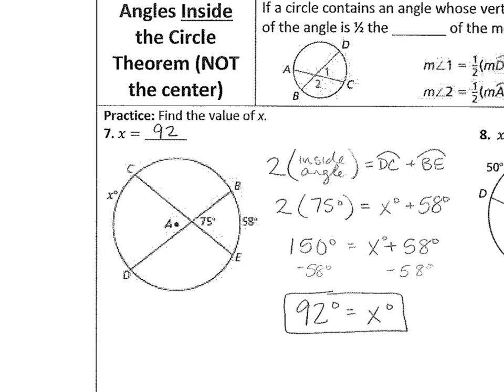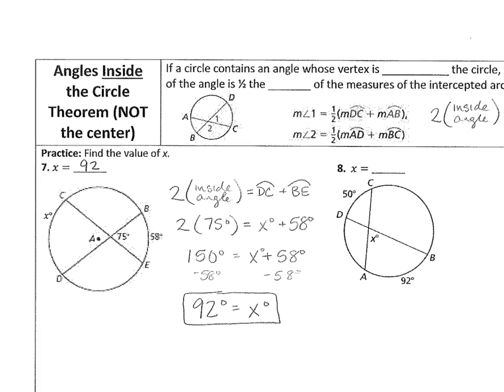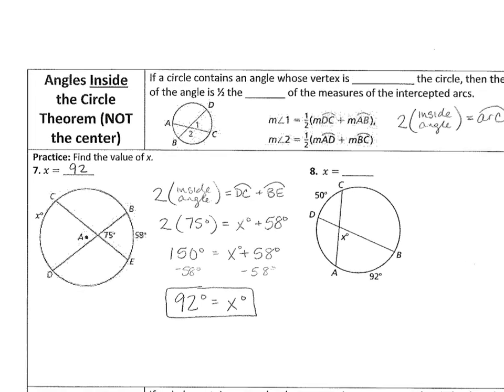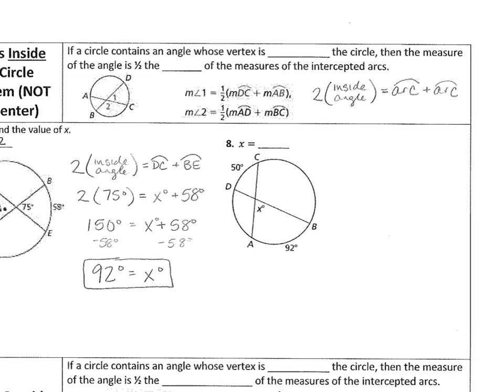But we also have theorems when angles are just inside the circle but not in the center. Look, it literally says it right here. So when angles are inside the circle but not in the center, we have a different formula. It says if a circle contains an angle whose vertex is inside the circle, then the measure of the angle is half the sum of the measures of the intercepted arcs.